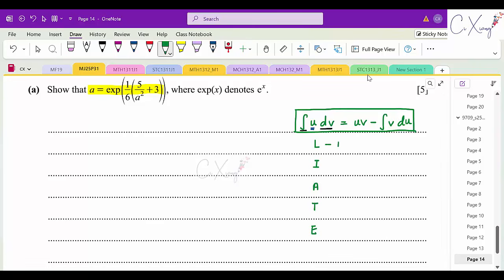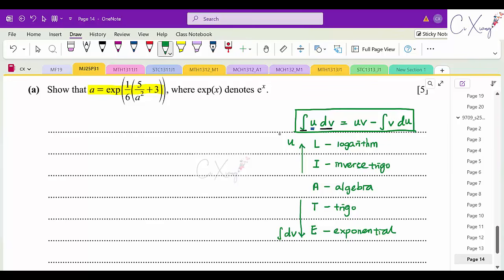L means logarithmic function, I means inverse trigo, A means algebra, including all the polynomials and everything, T is the trigo, and E is exponential. When the term belongs to the higher group, then it will be the u. If it belongs to the lower group, then it will be the dv.